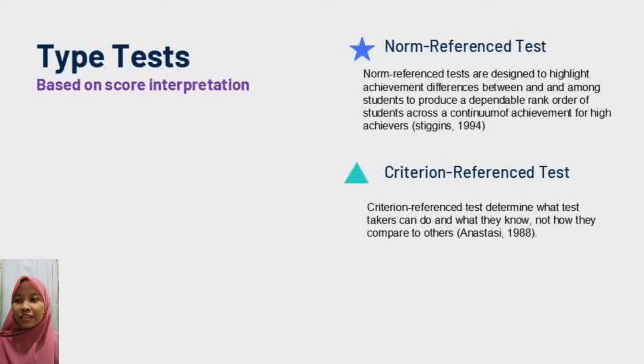The content selected in norm referenced test is chosen by how well it discriminates among students. A student's performance on a norm referenced test is interpreted in relation to the performance of a large group of similar students who took the test when it was first normed.